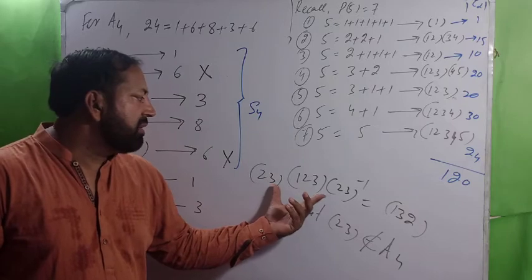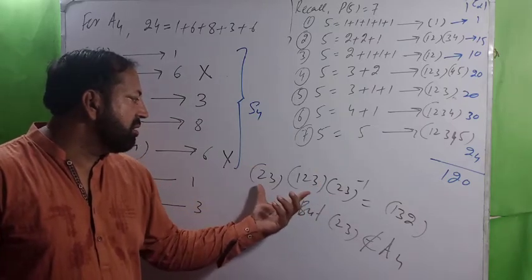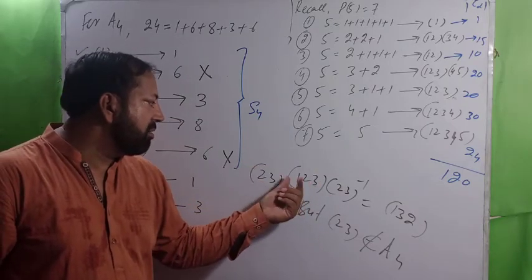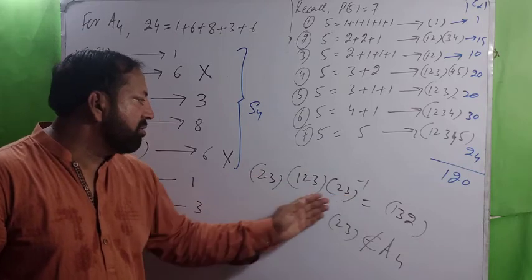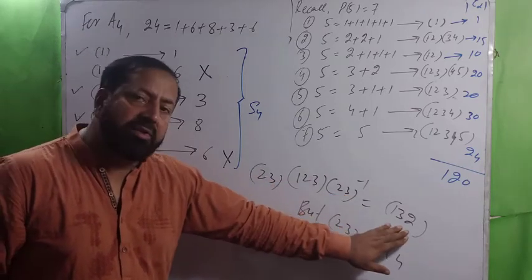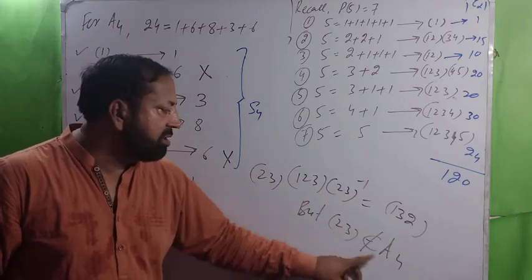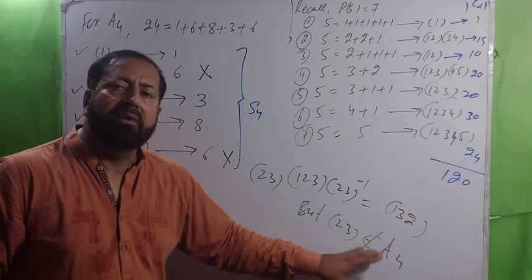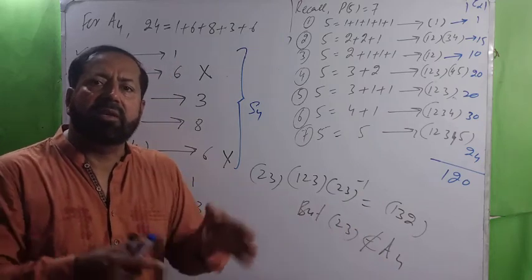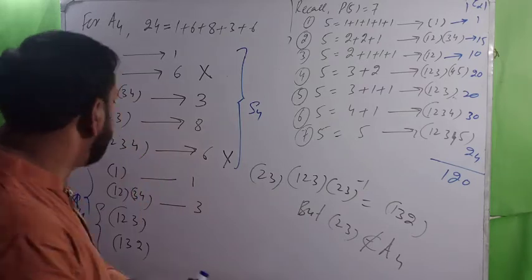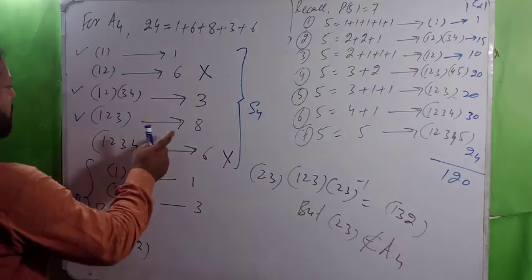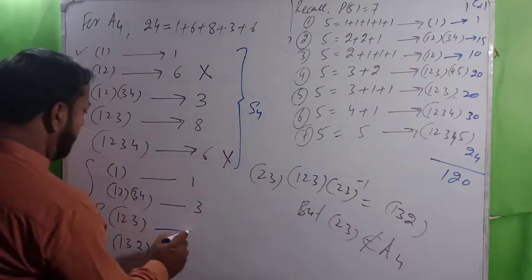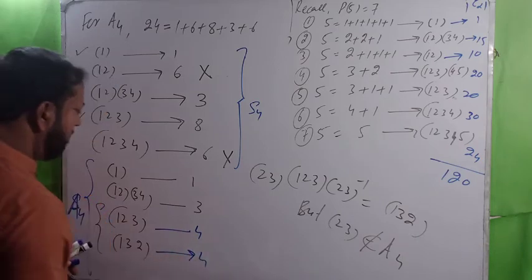So this was the only chance where you can achieve the conjugate, but (2 3) is not an element of A4. Therefore, we will not consider these two in one class, so they must be split in two. Since they are 8, 4 will be here and 4 would be here.